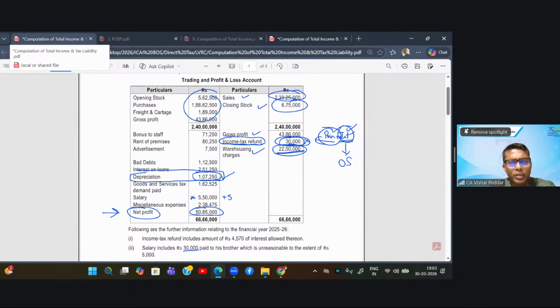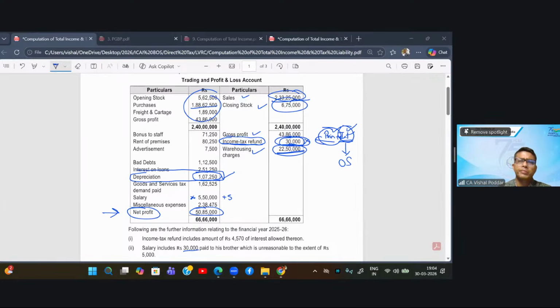So see, this is the purchase amount, this is the sale amount. We can't take them in the working note, sir. I'm not getting your point, what do you want to ask? Sir, in the working note we have to go for adjustment. What adjustment they give, we have to take.